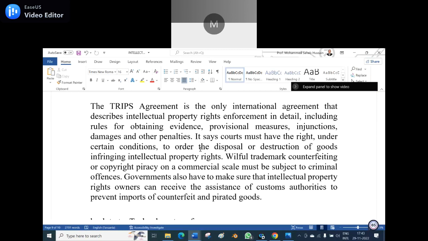Kinds of injunction or types of injunction: temporary injunction, interlocutory injunction, permanent injunction or perpetual injunction, mandatory injunction, prohibitory injunction. Are you following me? And there is another type of injunction also, that is the freezing injunction.